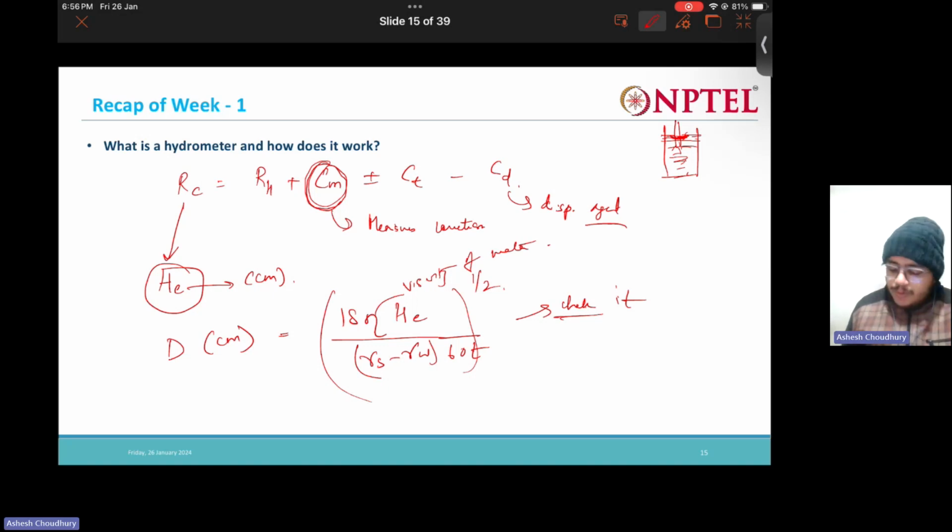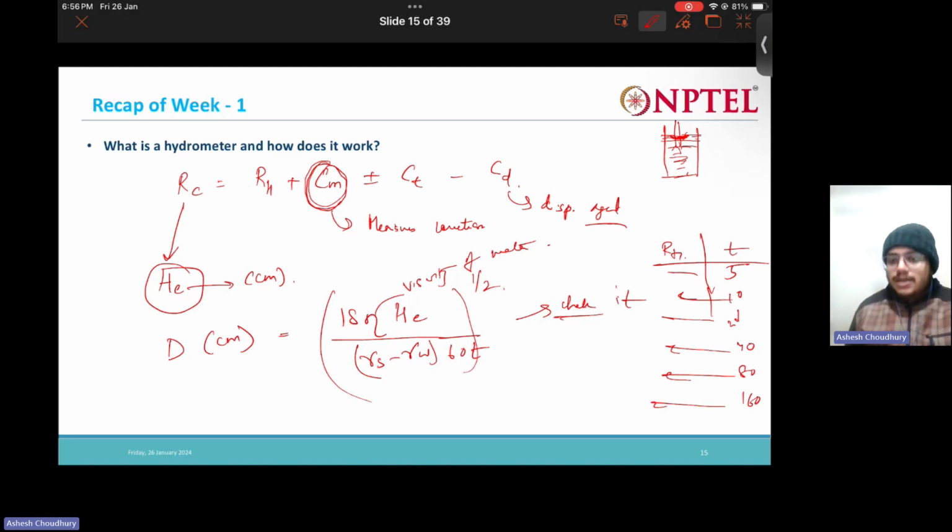So what we do is that at equal intervals of time, we keep on taking the reading and noting the result. Say at 5 seconds we take the reading, then at 10 seconds, then at 20 seconds, then at 40 seconds, then at 80 seconds, at 160 seconds.